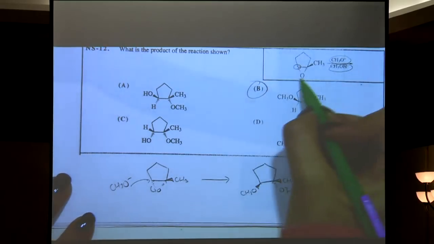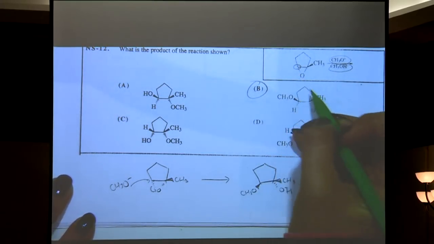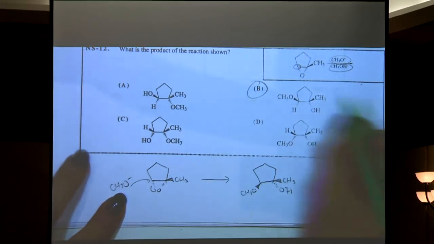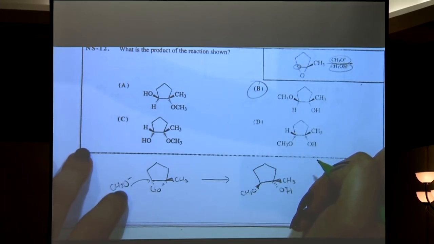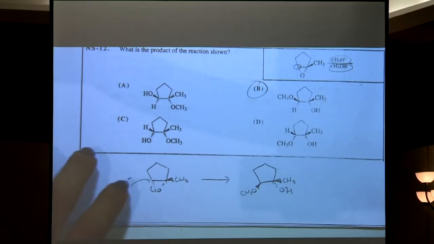Any questions? It's starting on a dash, and since there's inversion, we're going to end up having the group we're adding on a wedge.